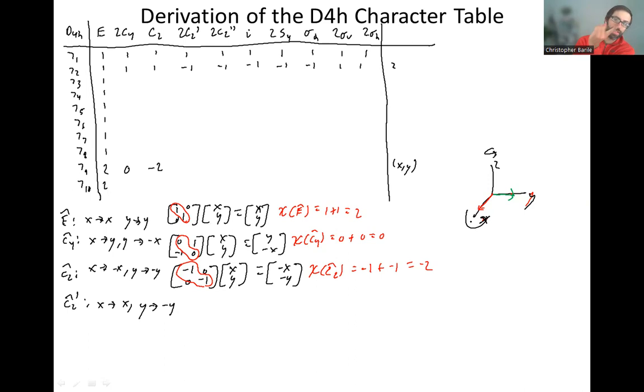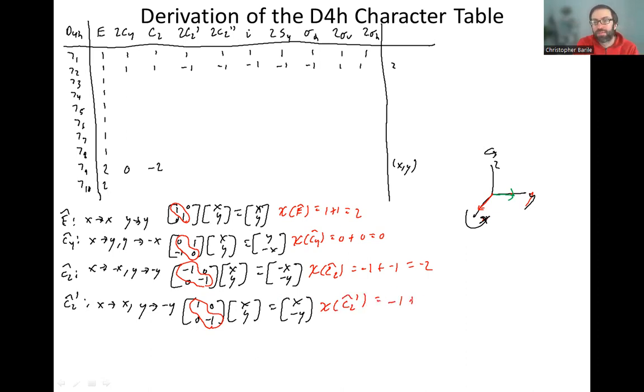So we went from there to there, okay? And so that matrix is going to look like 1, 0, 0, negative 1, right? That takes x, y going to x and negative y. And so we take the trace of that matrix, and we get that the character of the C2 prime operation is negative 1 plus 1, which is equal to 0. So we put 0 under there.